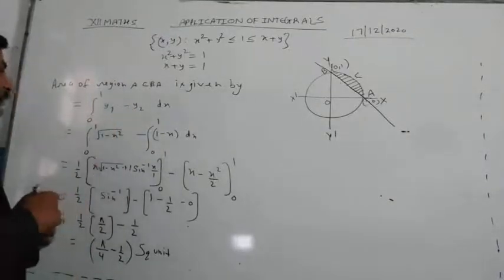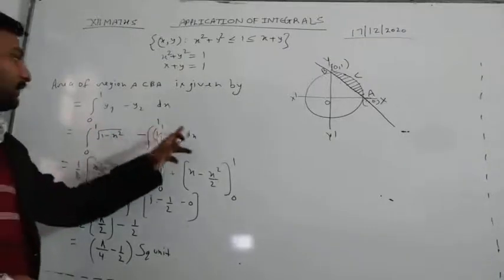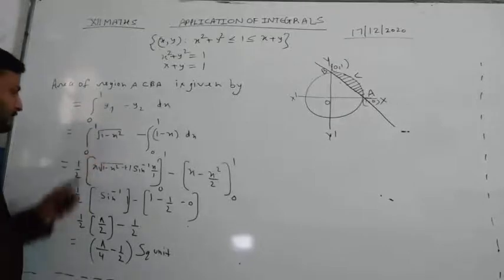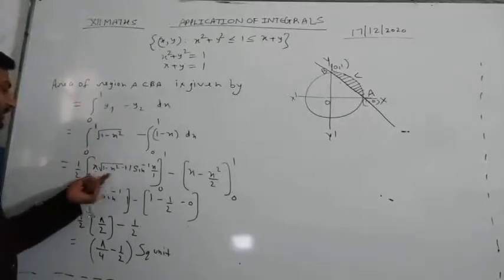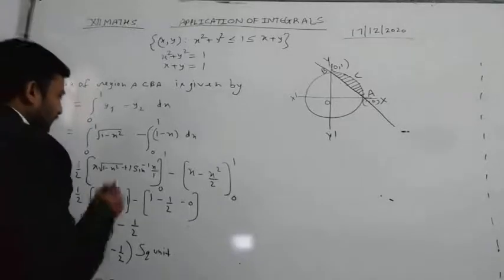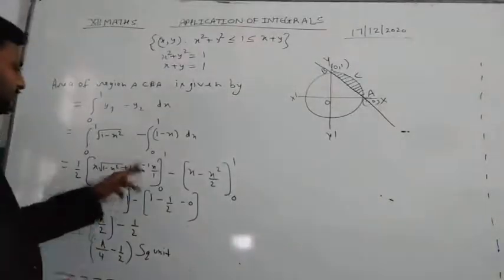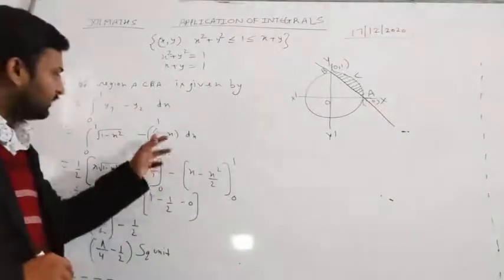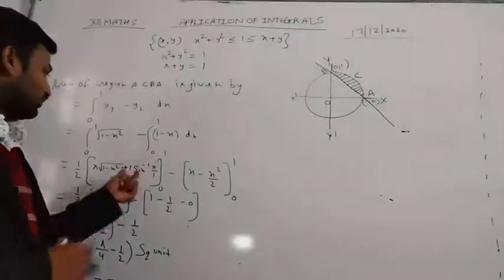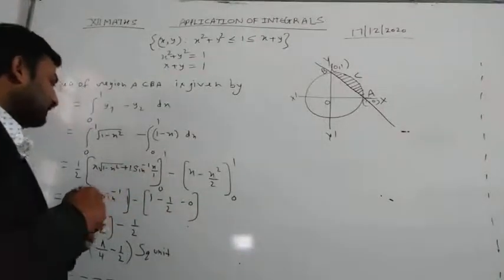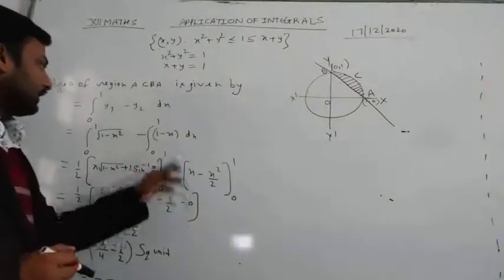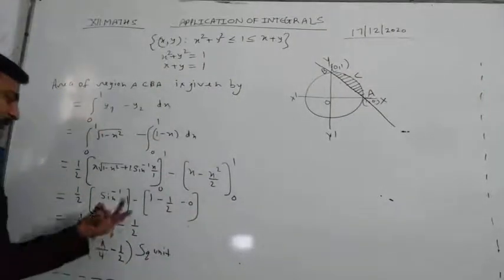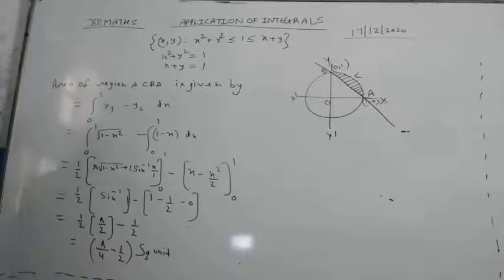Now we put in the values of y1 and y2. We know the integration of √(a² − x²) is 1/2 x√(1 − x²) plus a² sin⁻¹(x/a), where a is 1, so a² is 1. Limits from 0 to 1, and this is x − x²/2, 0 to 1. After putting in all the values, we get our result, which is π/4 − 1/2.